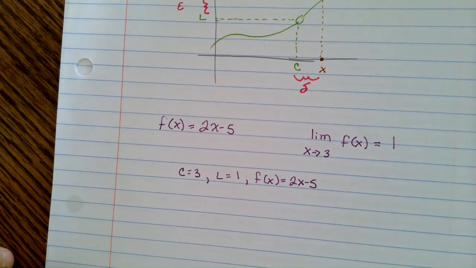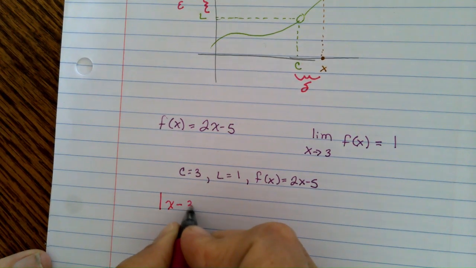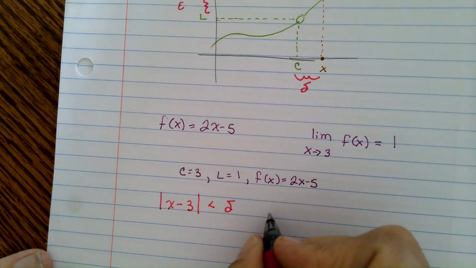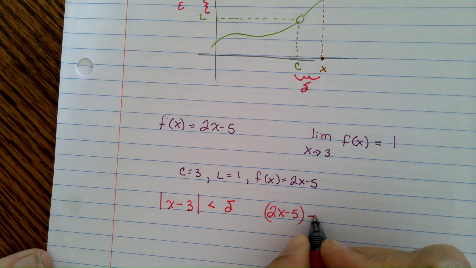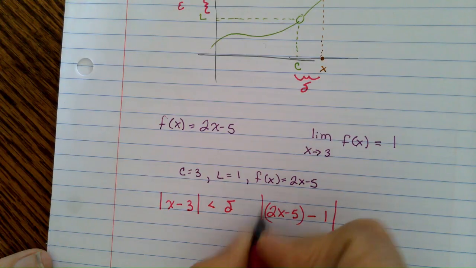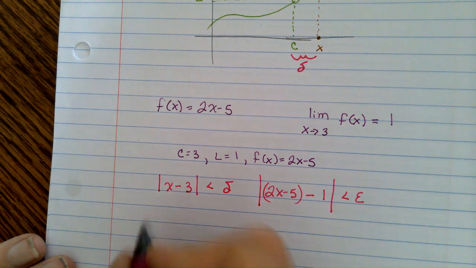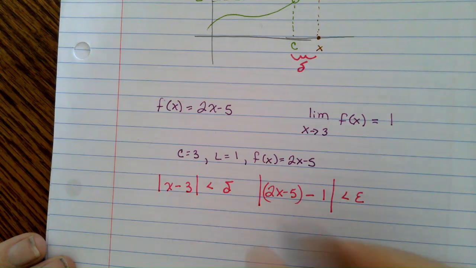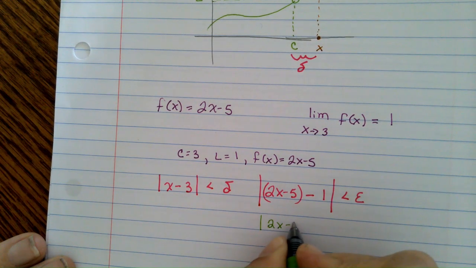So what we want to do is look at the absolute value of x minus c being less than our delta, and the absolute value of f of x minus L being less than our epsilon. Let's simplify this here. We would have the absolute value of 2x minus 6 is less than our epsilon.